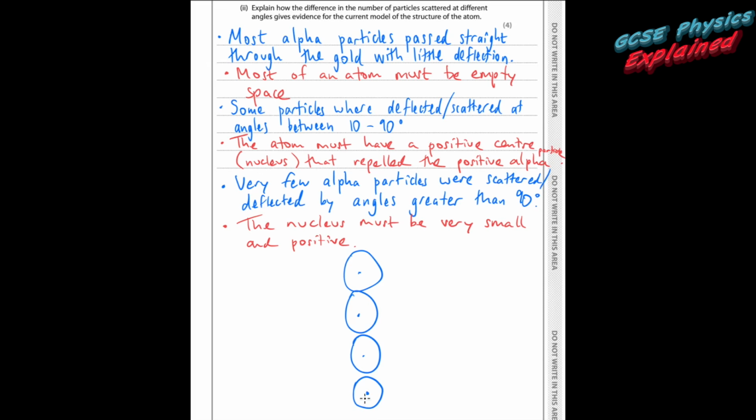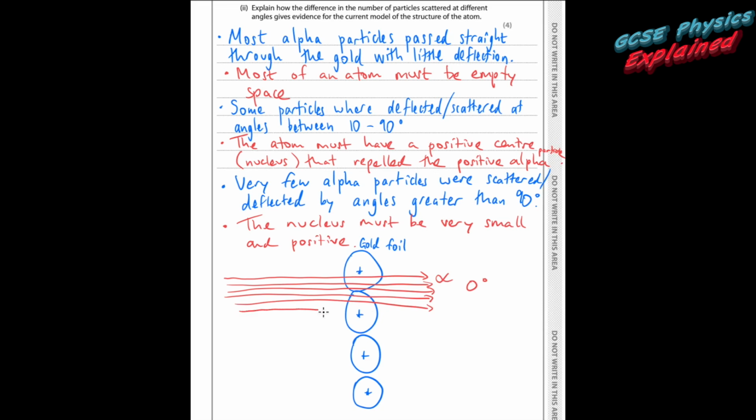So if this is the gold foil, and that's the little positive nucleus in the middle, when you fire the positive alpha particle, most of them go straight through at 0 degrees. That's because they're not anywhere near the nucleus.